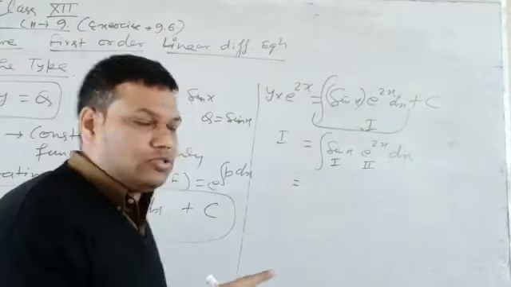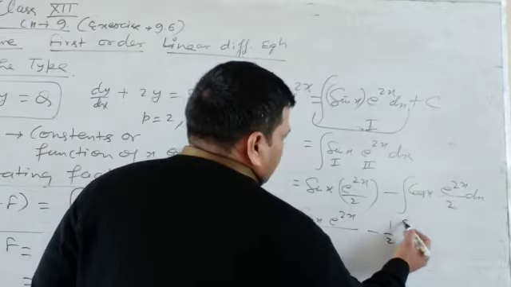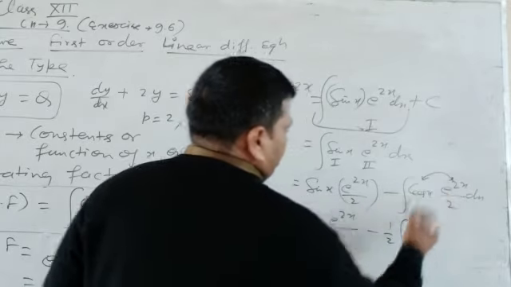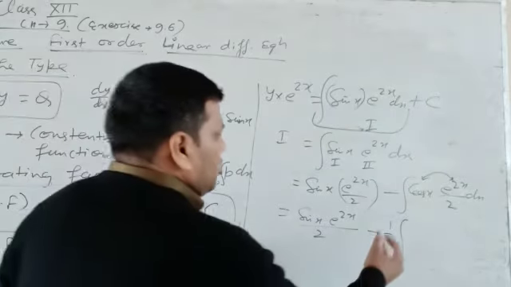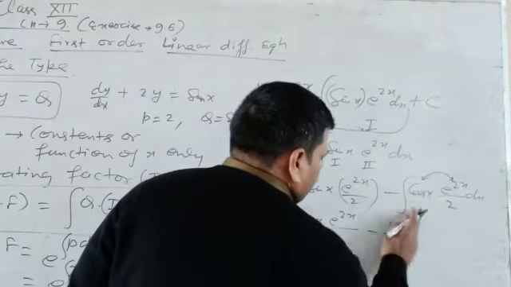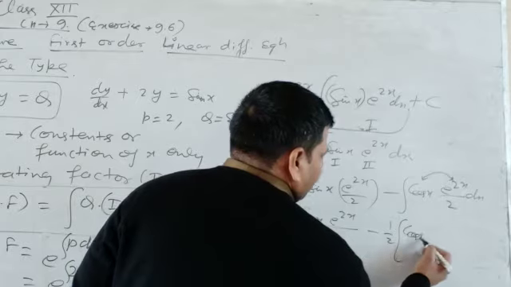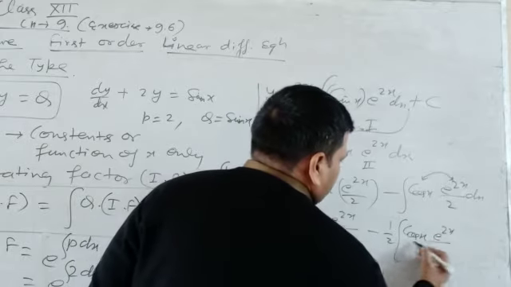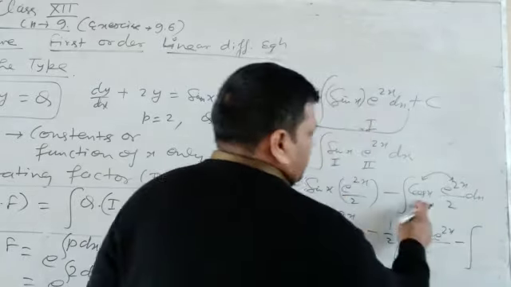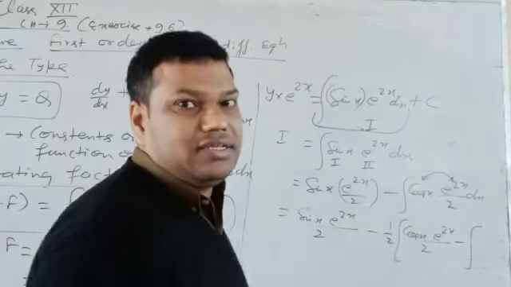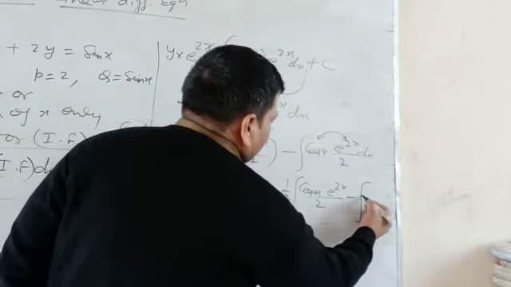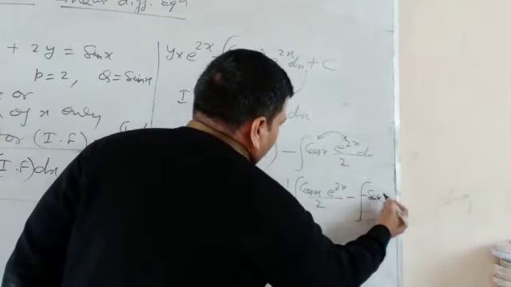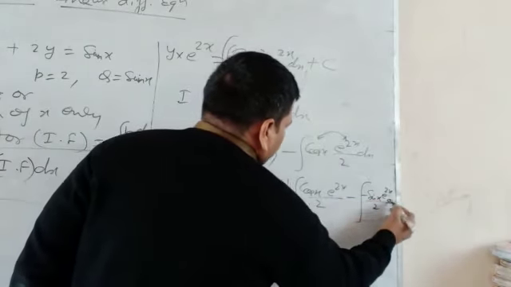Now again you put the formula for first and second by parts: cos x as it is, e to the power 2x upon 2, minus the integral of the differentiation of cos x, that is minus sin x, and e to the power 2x upon 2 dx.